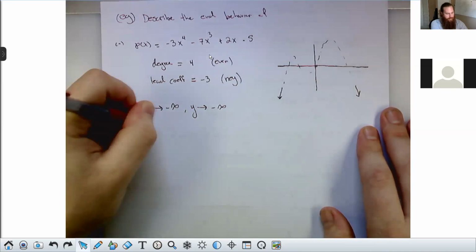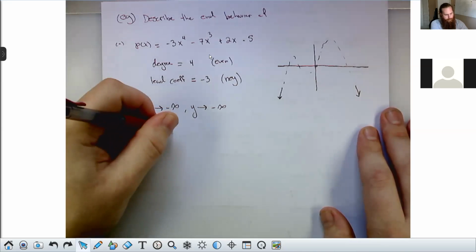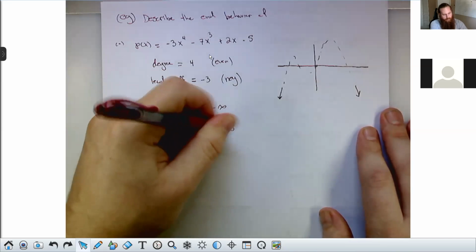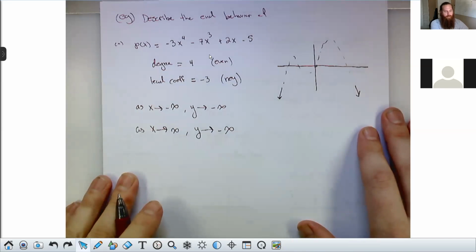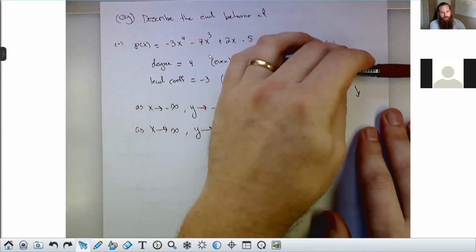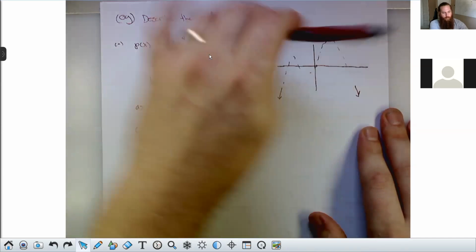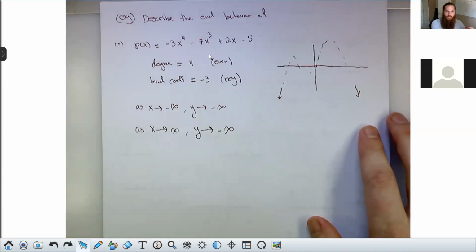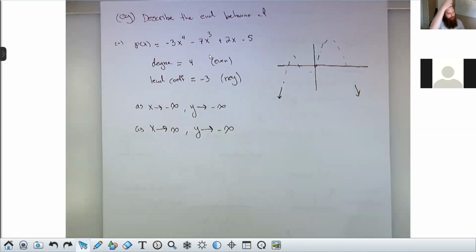And as x goes to positive infinity, y goes to negative infinity. That's describing this one. It says as we go very, very far to the right in our x values, we'll end up going down eventually. Again, just like negative x squared or negative x to the 4.